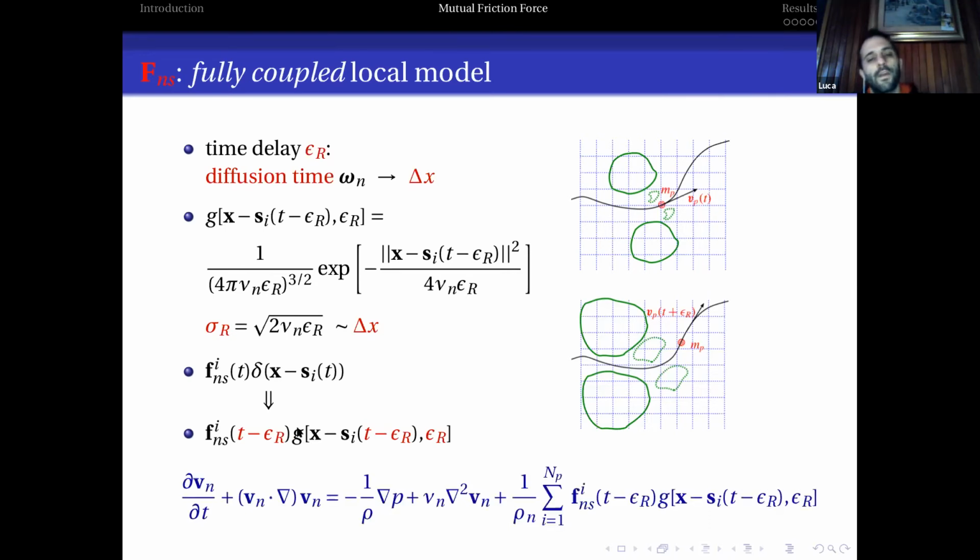And so we get a Navier-Stokes equation that includes a friction force, computed with this time delay, and regularized by the Gaussian function.